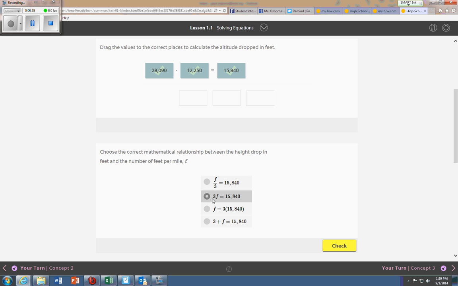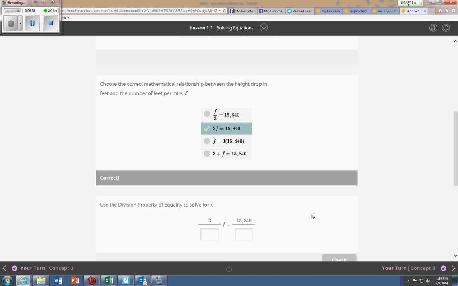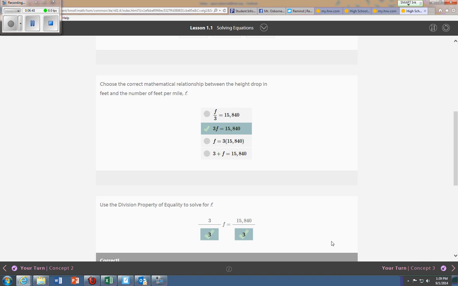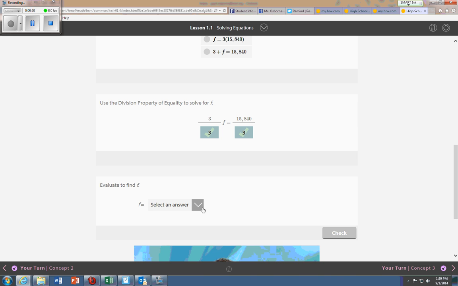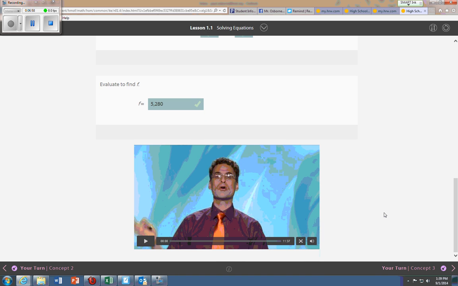I'll say it again. 3 miles, or 3 sets of feet in miles, is equal to 15,840. Now how do we solve that equation? We have multiplication of 3F, so we're going to divide both sides by 3. And 15,840 divided by 3 must be 5,280.